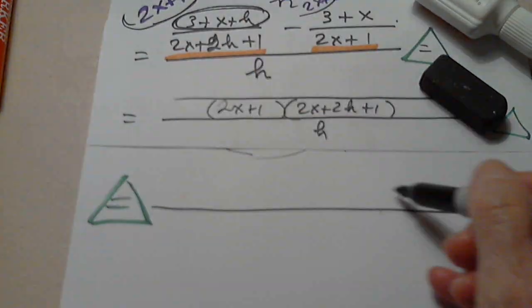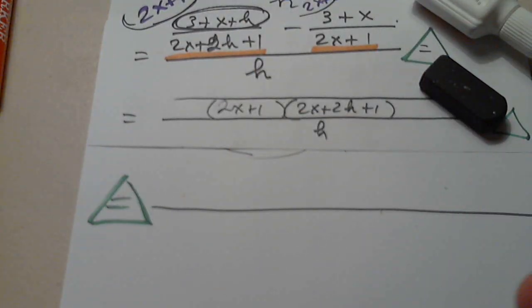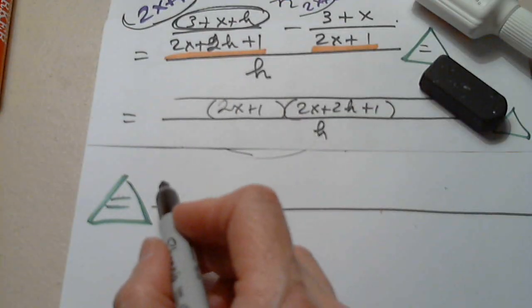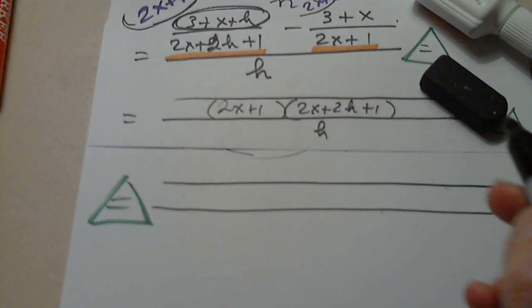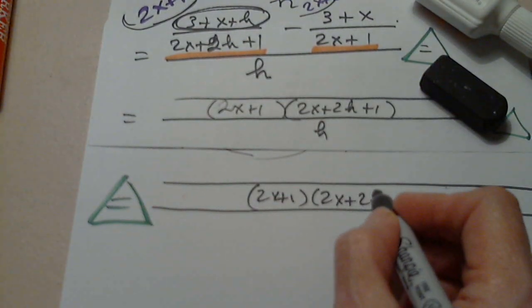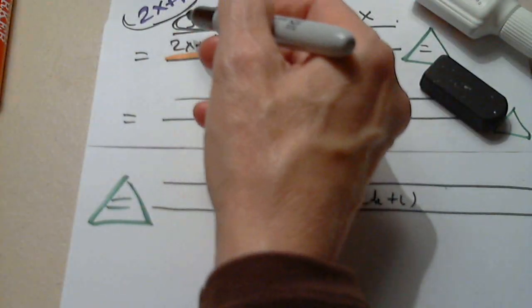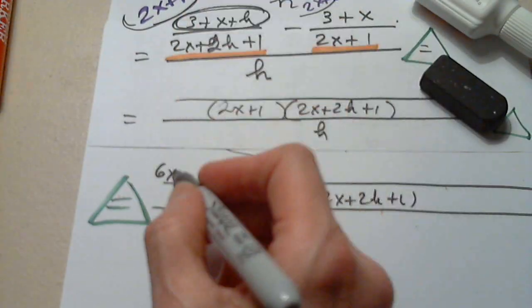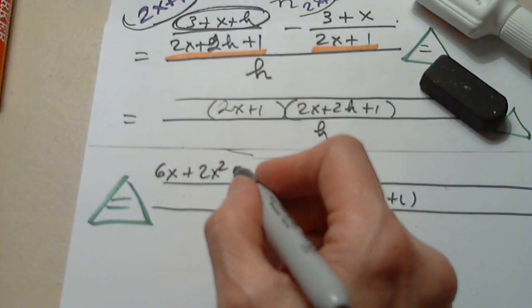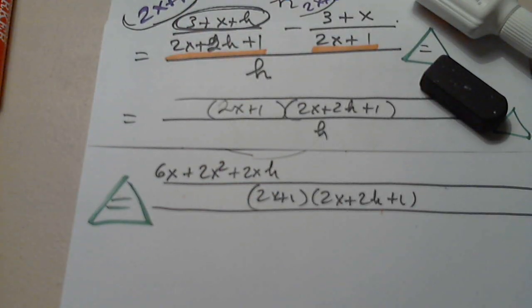So instead of writing pages and pages of work, I recommend 2x times 3, 6x. 2x times x, 2x squared. 2x times h, 2xh.